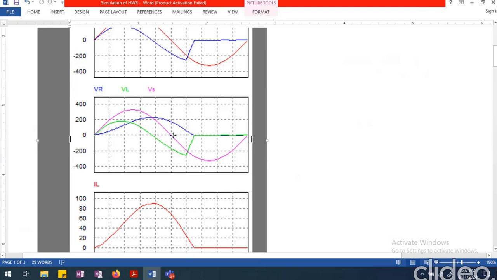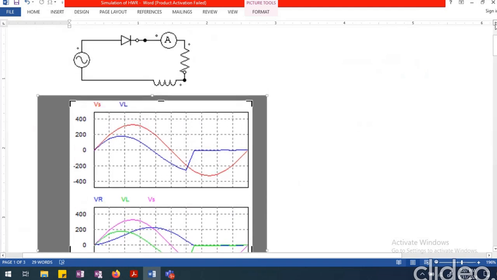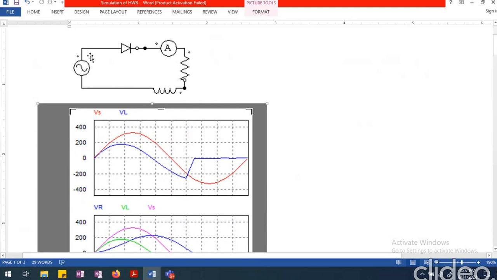The positive half cycle is over right here, but the current is still continuing beyond that. How long the current continues beyond the end of the positive half cycle depends mainly on three or four factors. What is the peak value of the voltage that is available?